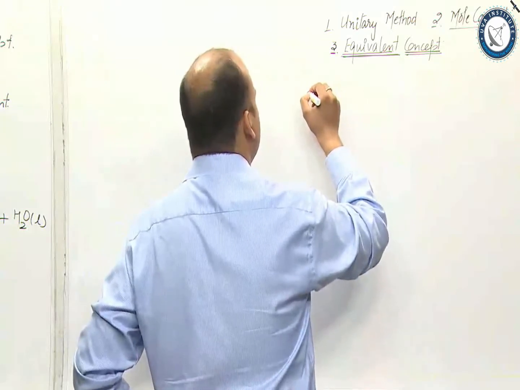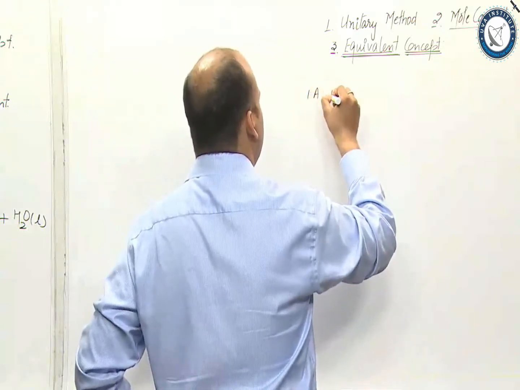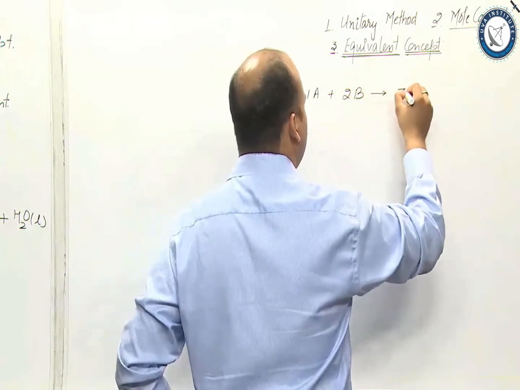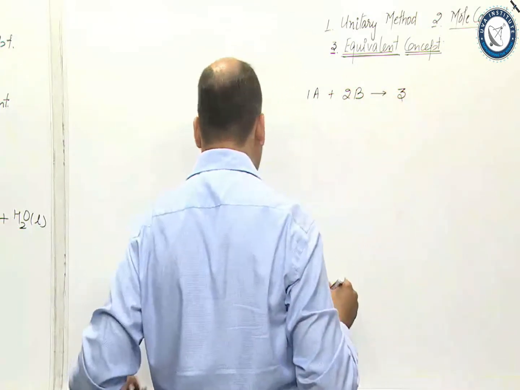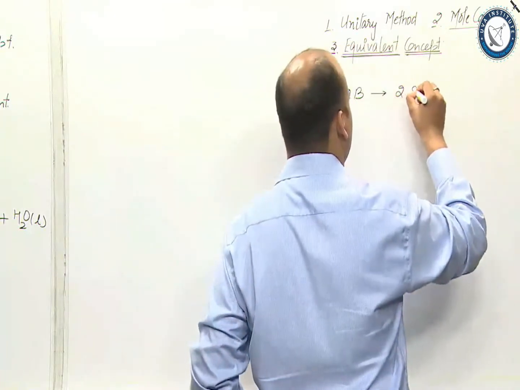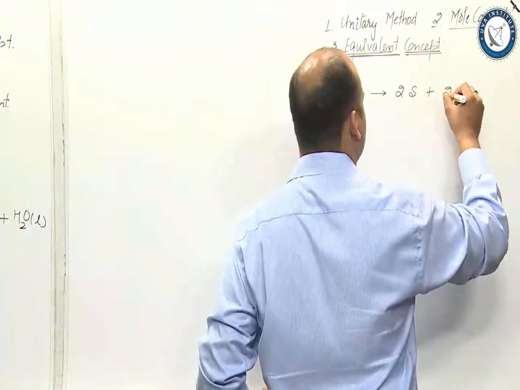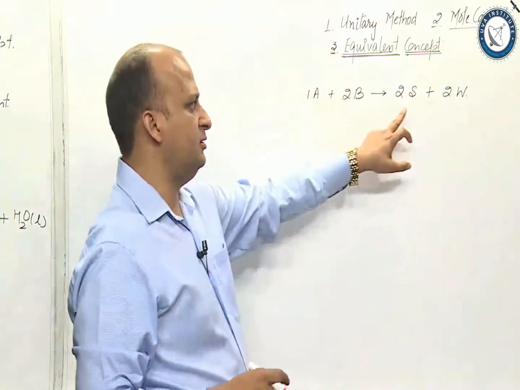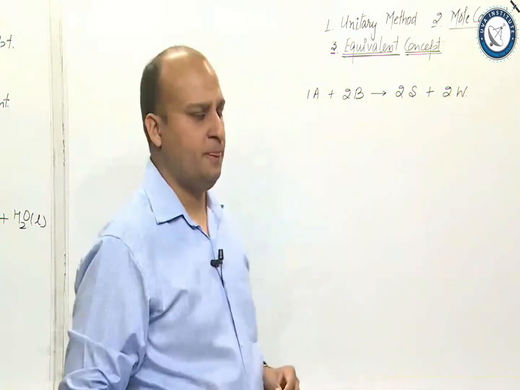Suppose I give you that 1 mole of A combines with 2 moles of B to give 3 moles of, or say, 2 moles of salt plus 2 moles of water. A, B, salt, water.